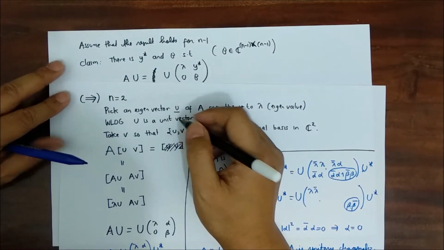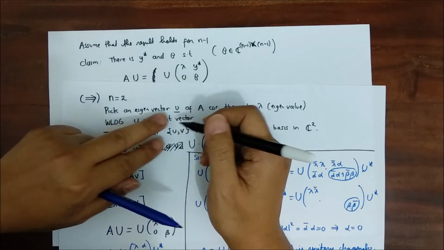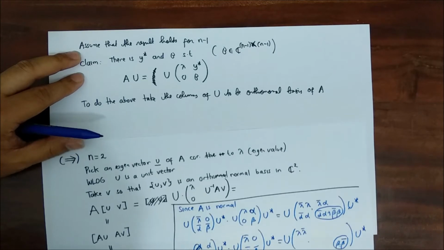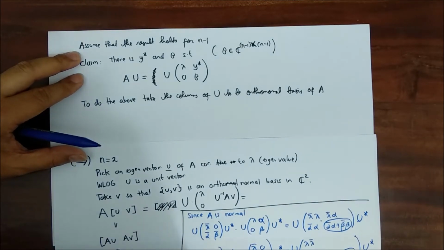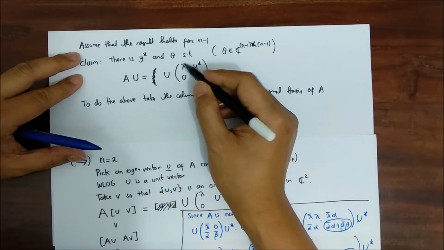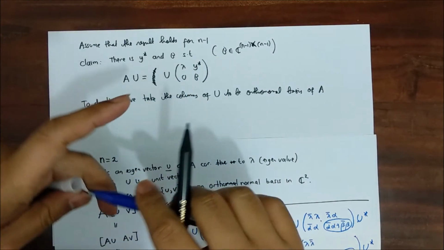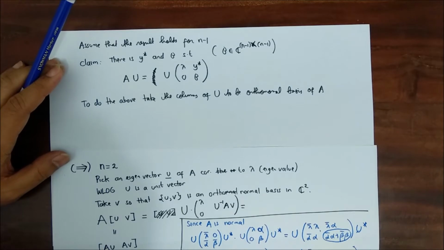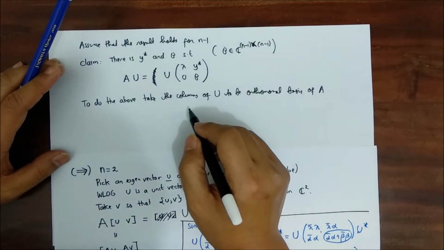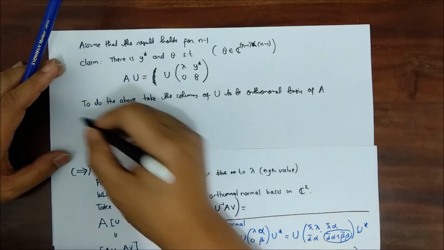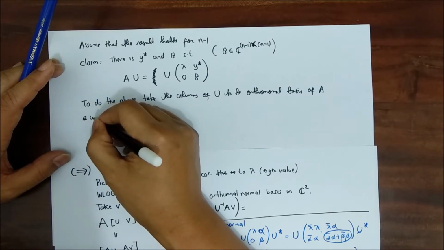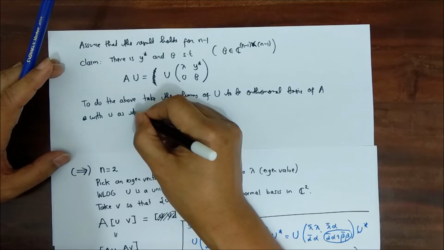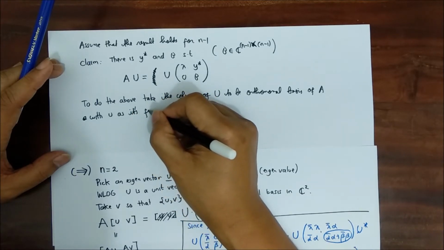Well, we can pick an eigenvector u also in the general case of n. So this lambda is still the eigenvalue of our eigenvector u. So take the columns of U to be an orthonormal basis with little u as its first column.